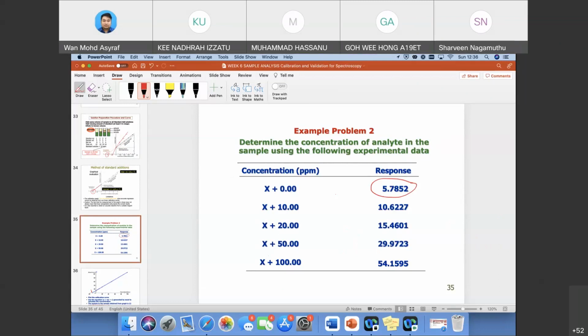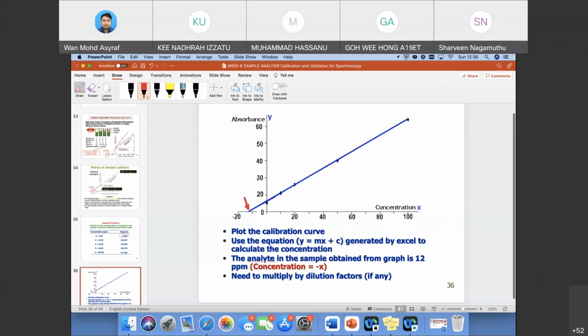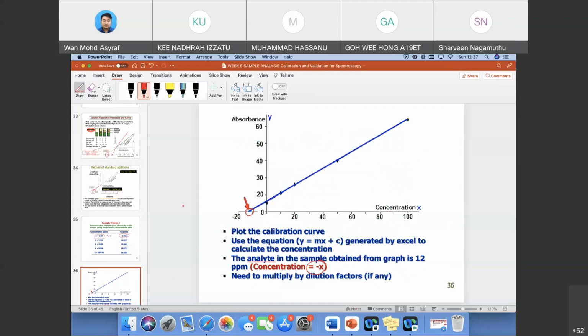So when you do your standard addition graph, you would have a graph like this. So you can extrapolate to this point. So this point, the negative x, is the concentration of your x plus 0 here. The concentration is negative x, the one that we have obtained here. Alright.